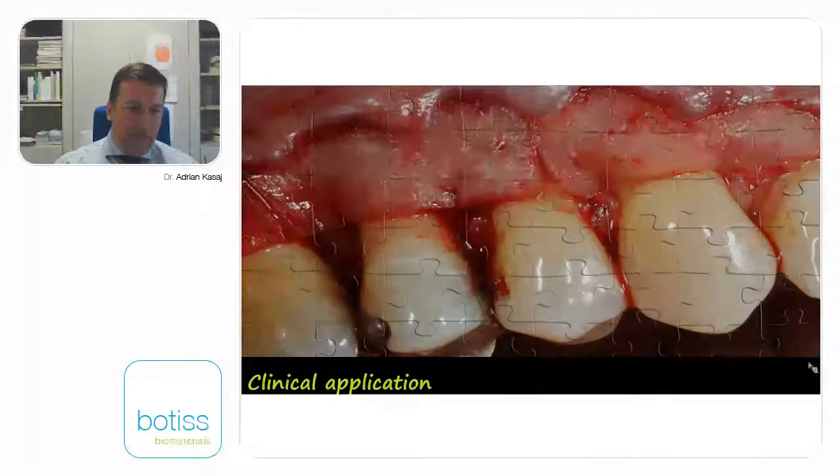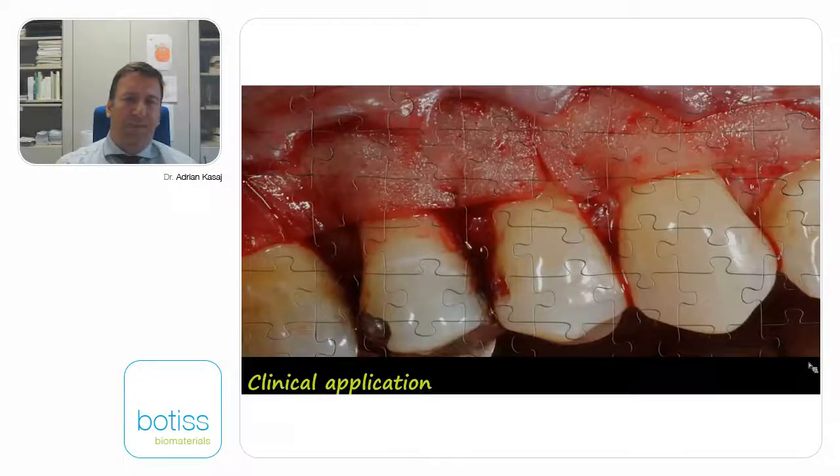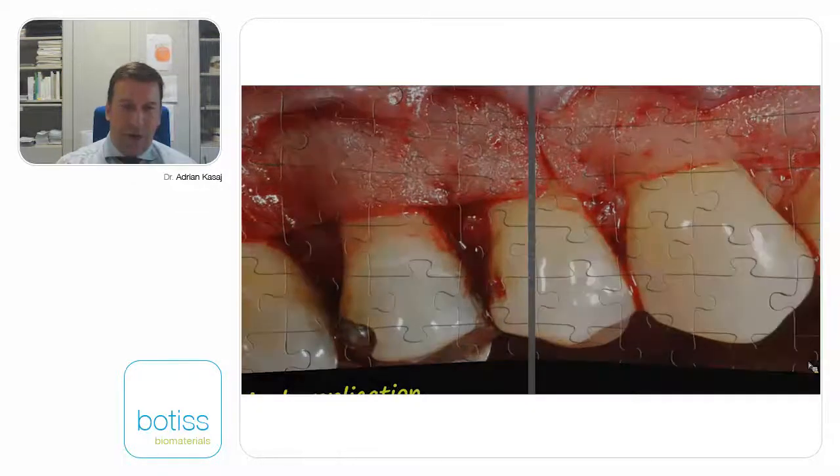So when it comes to the clinical application, the most important thing is to ensure excellent vascularization of the overlying flap, which is going to give the nutrition to our dermal matrix graft.